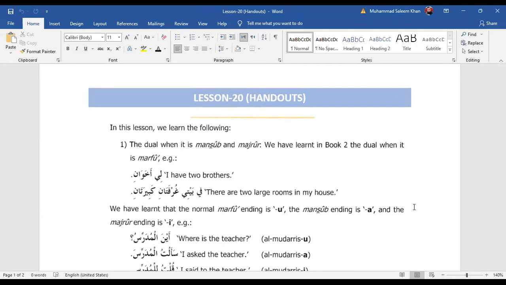For example, we say kitabun, one kitab, kitabani, kitabaini, qalamun, qalamani, qalamaini, muslimun, muslimani, muslimaini. Okay, now if we have muslimatun, we say muslimatani, muslimataini. If we have kalimatun, kalimatani, kalimataini.